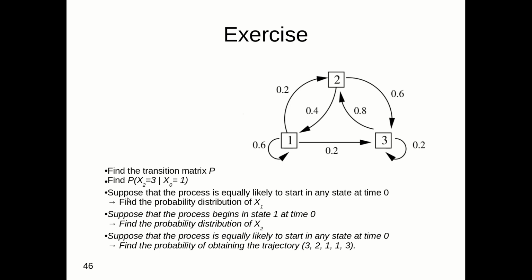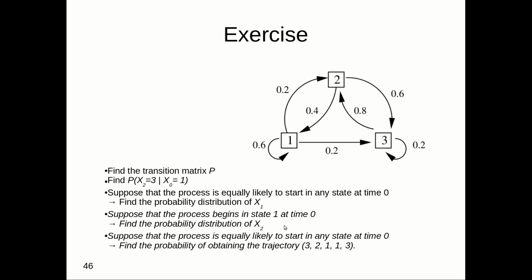Furthermore, you should assume that the process is equally likely to start in any state at time 0, so the prior probability of being in state 1, 2 or 3 is 1 over 3 for all 3 states. I want you to find the probability distribution of x1. And suppose that the process begins in state 1 at time 0. Find the probability distribution of x2.